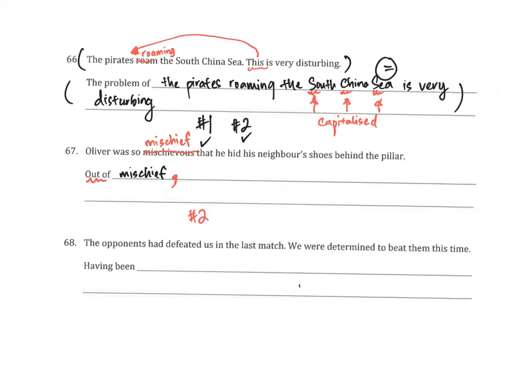Out of mischief, comma, and I'm going to use the red pen here to highlight the comma because the connector moves to the front. A comma takes its place. So out of mischief, comma, Oliver hid his neighbor's shoes behind the pillar. All right, so again, checking that the meaning as well as the tense is consistent.